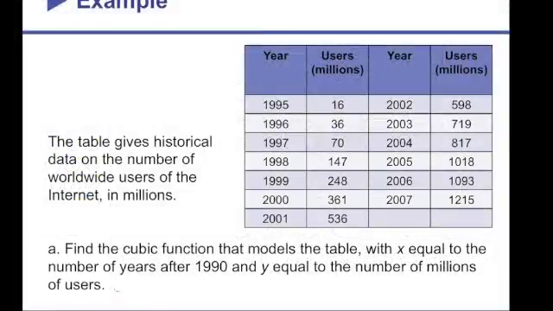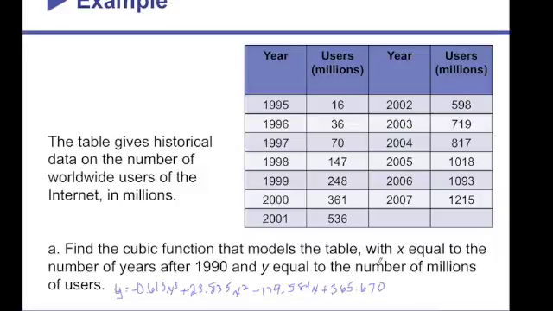Here we are back at the PowerPoint, and I wrote down while we were there that the equation is y equals negative 0.613 x cubed plus 23.835 x squared minus 179.584 x plus 365.670.